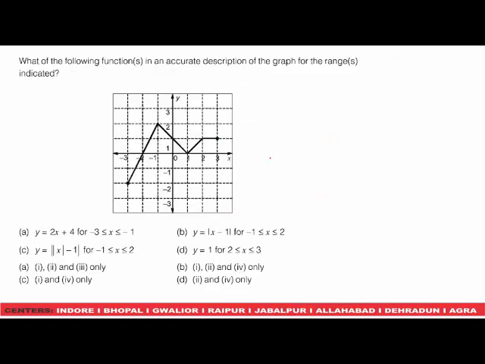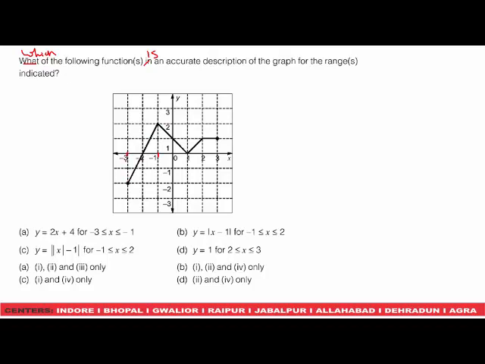The next question is: which of the following functions is an accurate description of the graph for the ranges indicated. Now what we are observing here is that from -3 to -1 it is a linearly increasing curve.